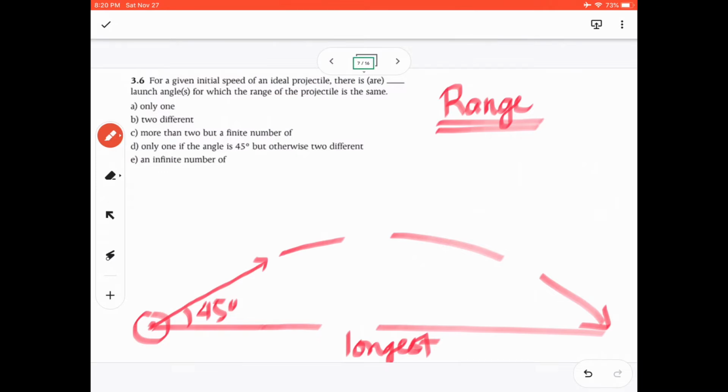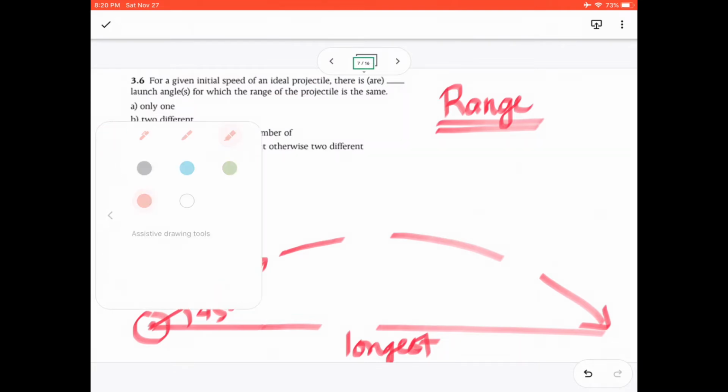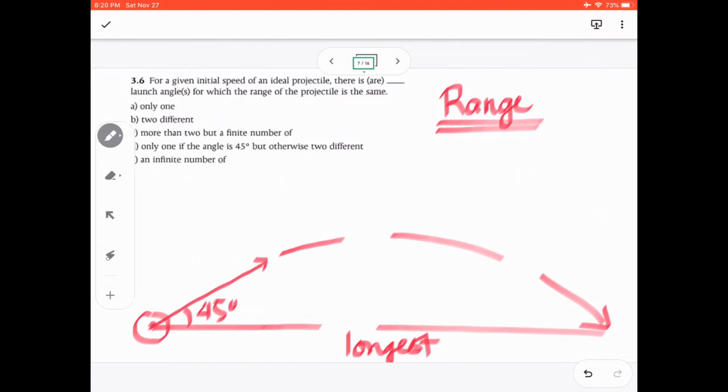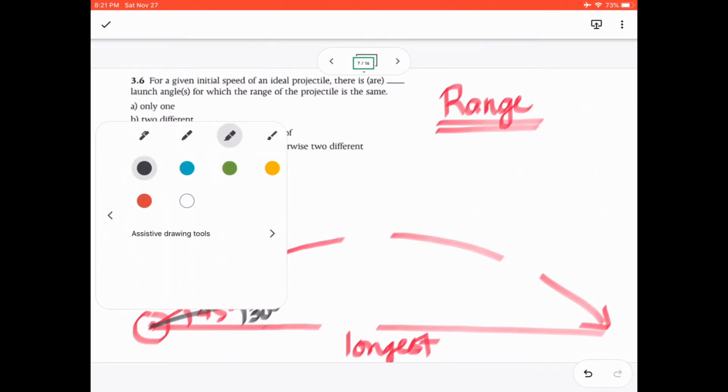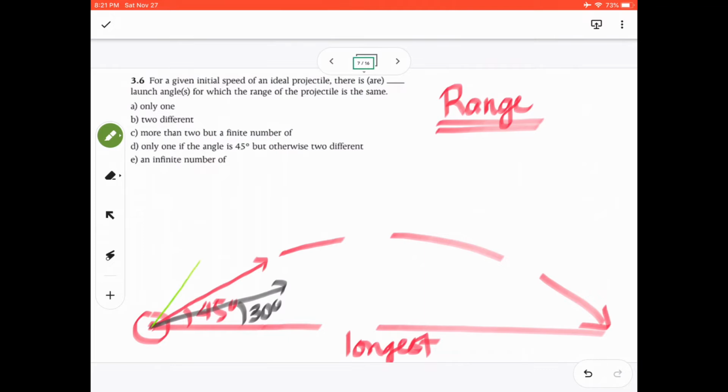But let's say you launch it first at 30 degrees, at the same initial velocity, and then you launch it as well at 60 degrees.